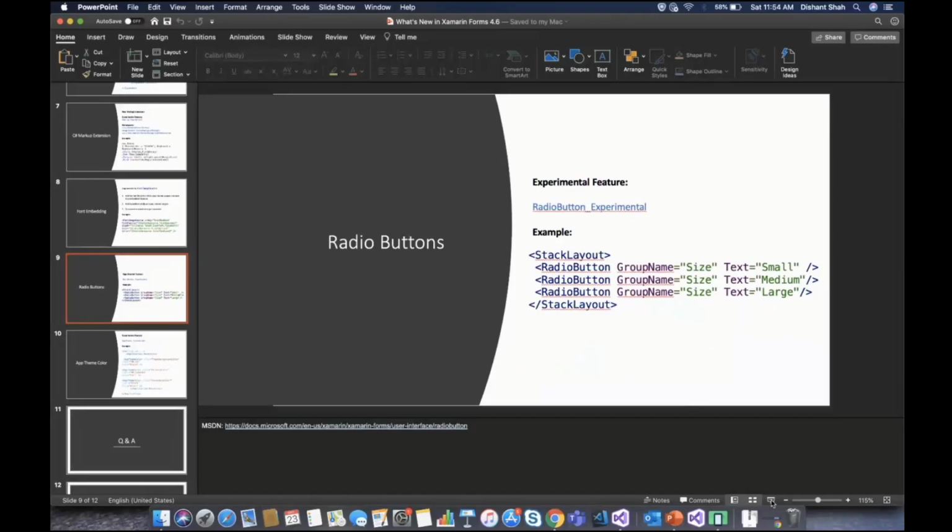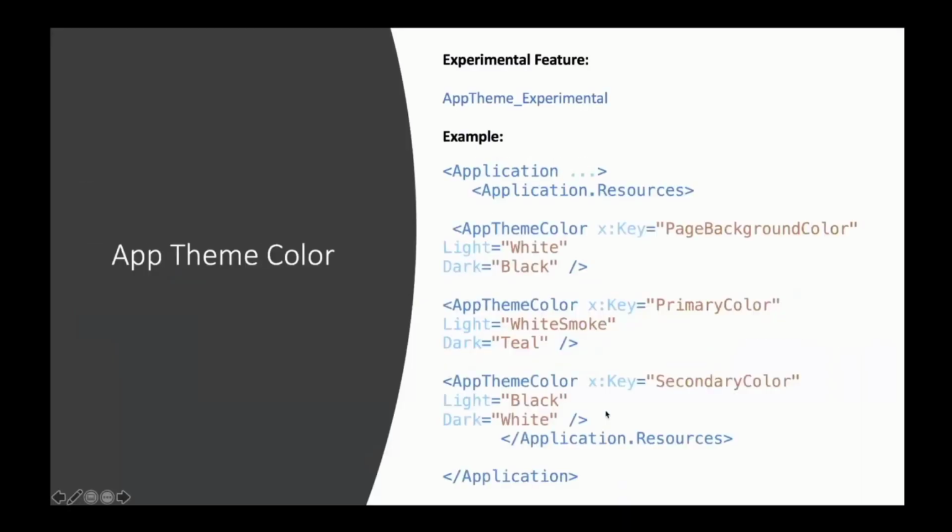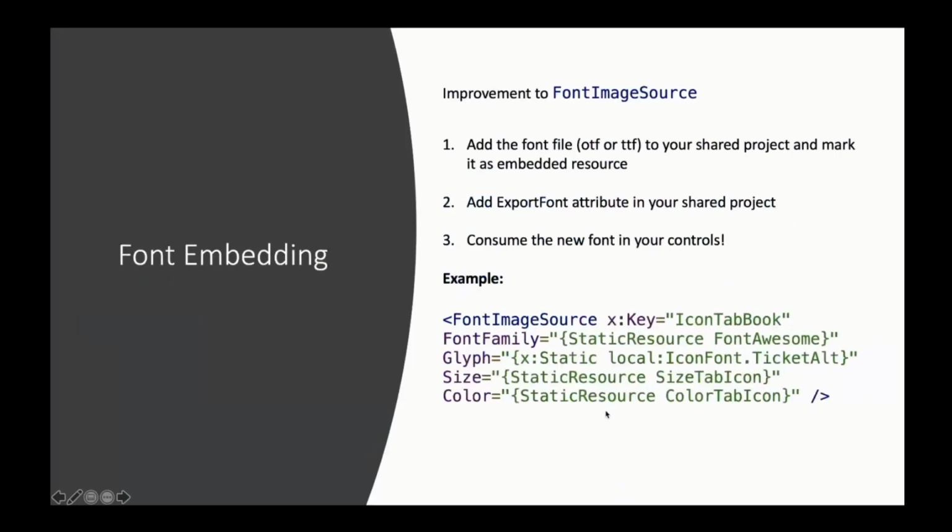And let me switch to another feature, font embedding. This is also a very useful update. As you might already be aware, font embedding was available as part of Xamarin Forms 4.5. Instead of putting fonts in each individual project, you can directly use that TTF or OTF file in your main Xamarin Forms project, and then set its content as an embedded resource.